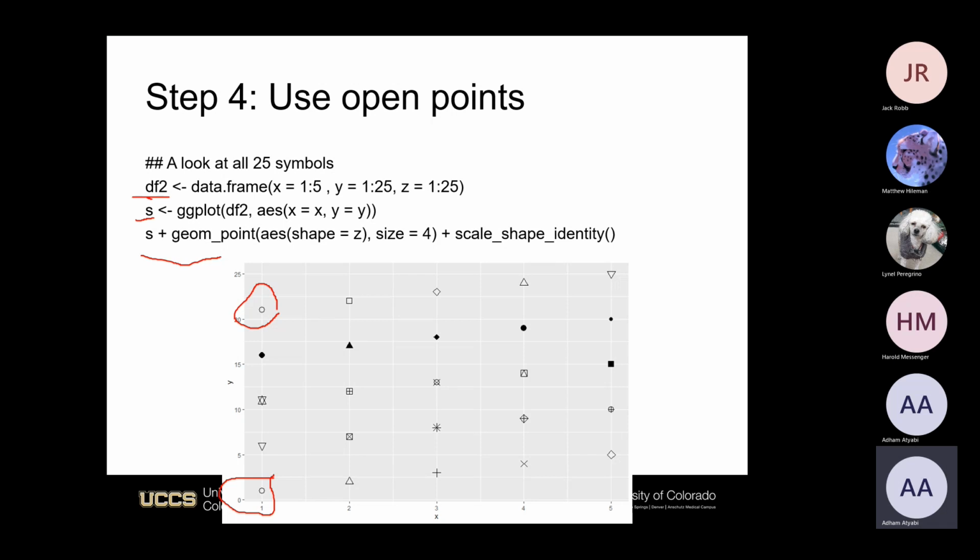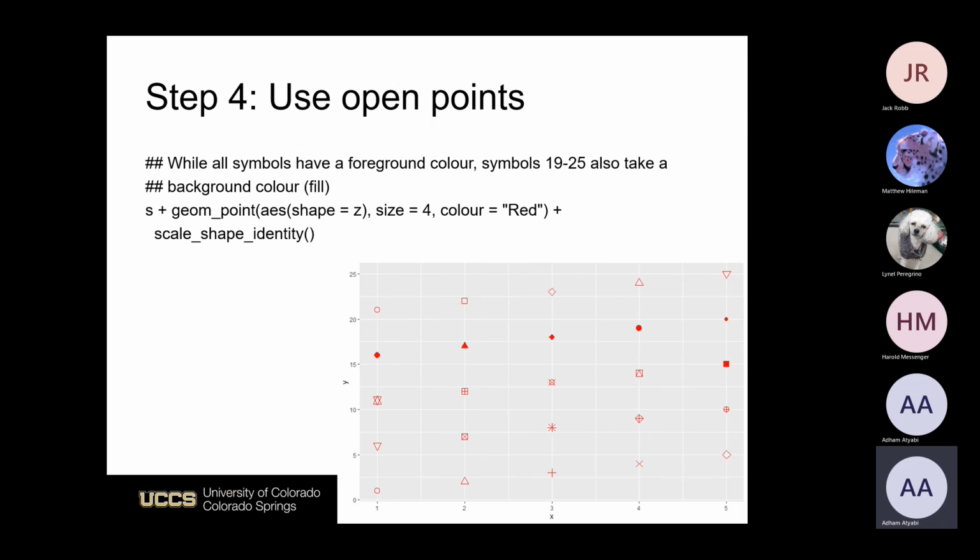So the next step was to basically color code this. So we color code this thing, and these two are still some useful candidates, and the filled version is also quite interesting. It might become handy. So we did this by setting color to red.